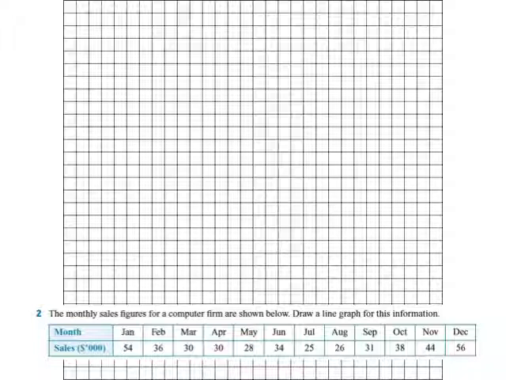So I'm going to draw a horizontal axis coming along here, 2, 3, 4, 5, 6, 7, 8, 9, 10, 11, 12. Let's fill that in, making sure I have enough data points.